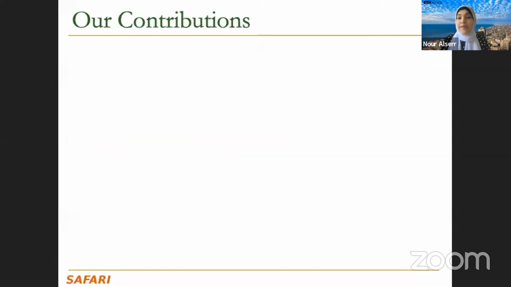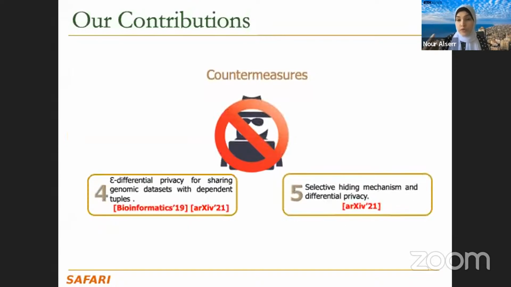Now, to mitigate these inference attacks, we propose two countermeasures. The first one is based on working with the Laplace perturbation mechanism. We are trying to change the noise, but we want a smart change. I don't want to add too much noise, or too little noise.